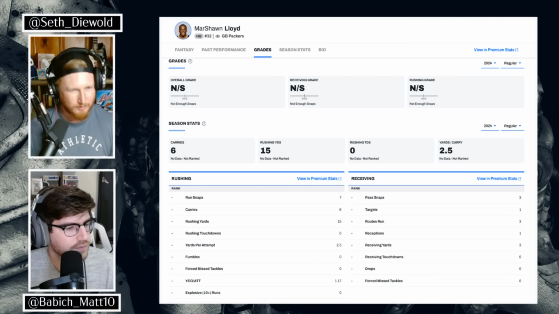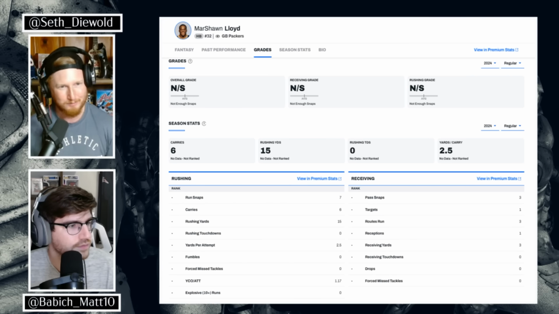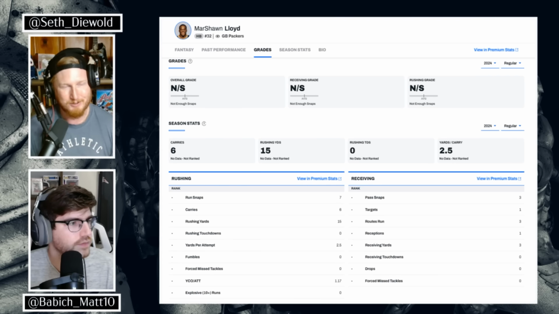And with the Green Bay Packers backup running back situation over the past 3 seasons, there's always been a built-in floor, whether it was A.J. Dillon or last year it was Emmanuel Wilson, who actually rushed for 500 yards, had 14 targets, over 100 carries.